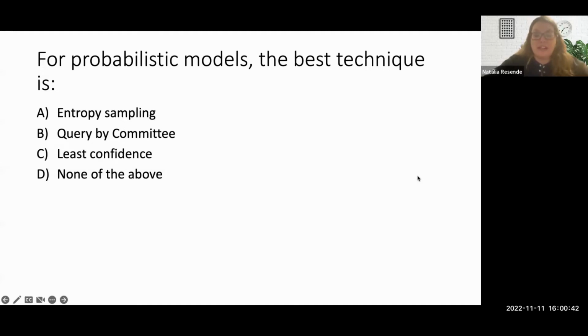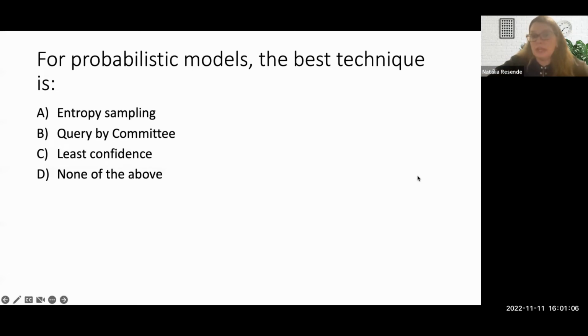Actually, the answer is D, none of the above, because for probabilistic models we can use all of these strategies, right? Entropy sampling. We can also use query by committee. Remember that we can average the probabilities from an ensemble of models.